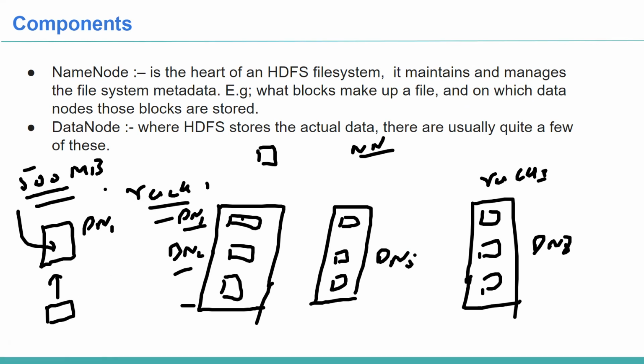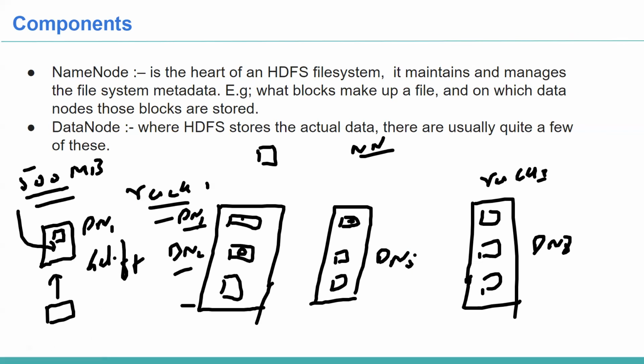Instead of doing that, what if there is a mechanism to split this data into blocks and store different data in different data nodes? Out of 500 MB, what if I store 100 MB here, 100 MB in some other node, and so on, in four different data nodes.